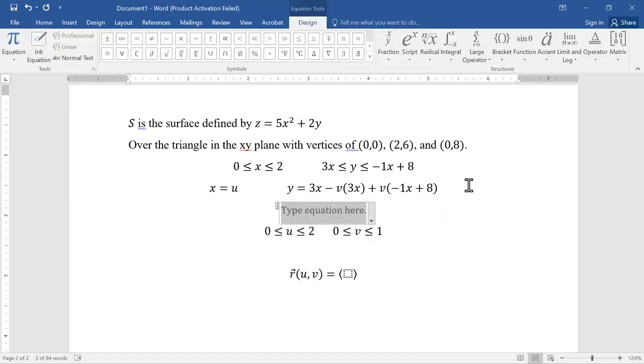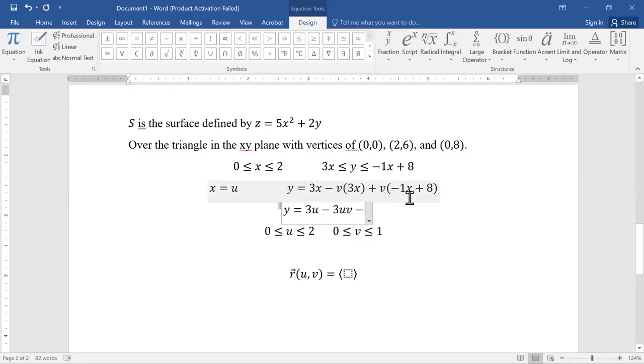Now at this point, I guess last time I didn't do the u substitution until the very end, but now I'll do the u substitution. 3u minus, this will be 3 times v times u, or 3uv, doesn't matter what order they go.